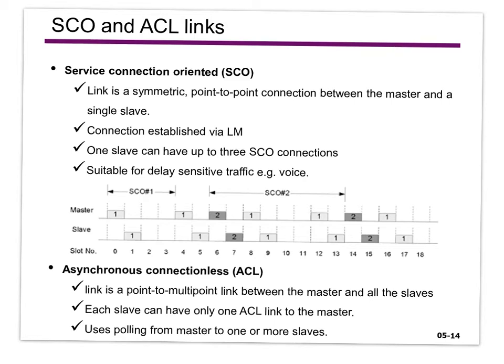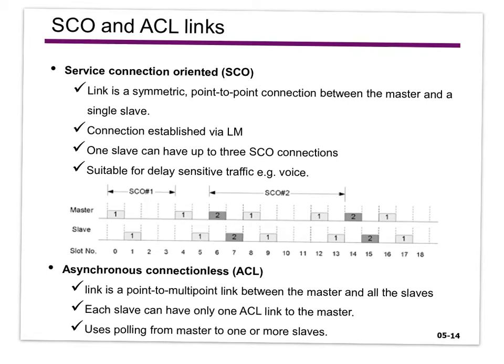It turns out that one of the ACL links is used for control. So one of the ACL links is separate and is used for control. When we say a slave can have one ACL link for all the data traffic, this is excluding the control packets.